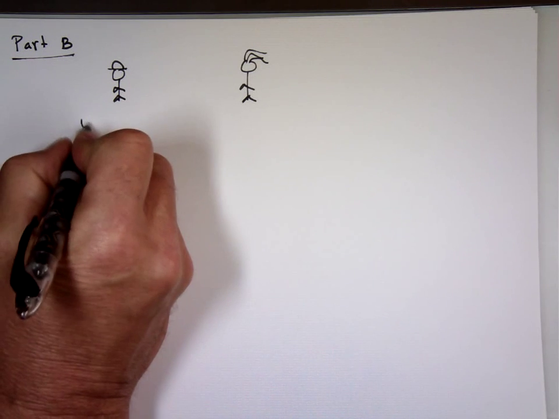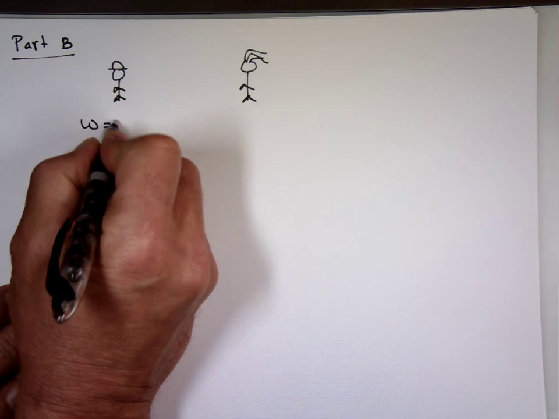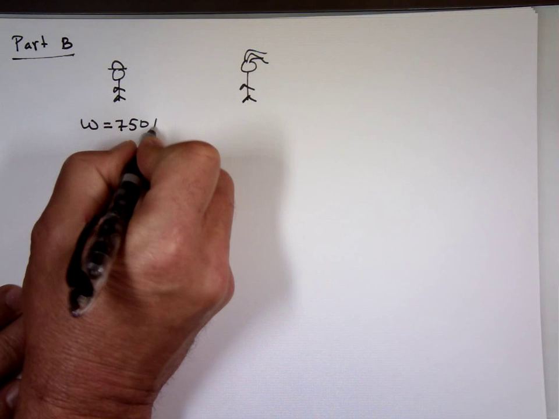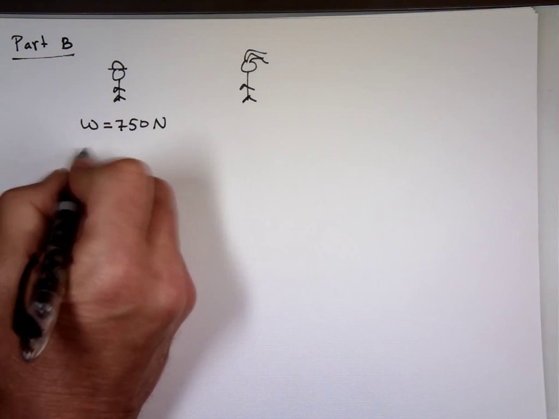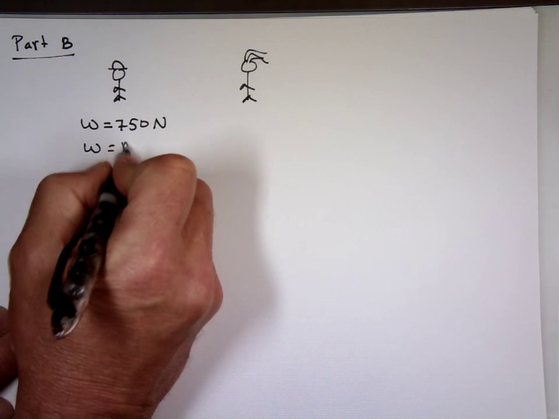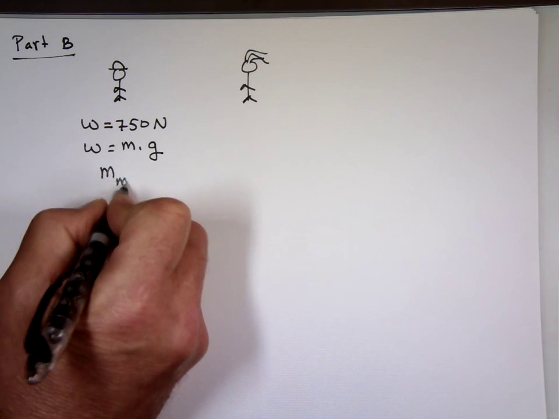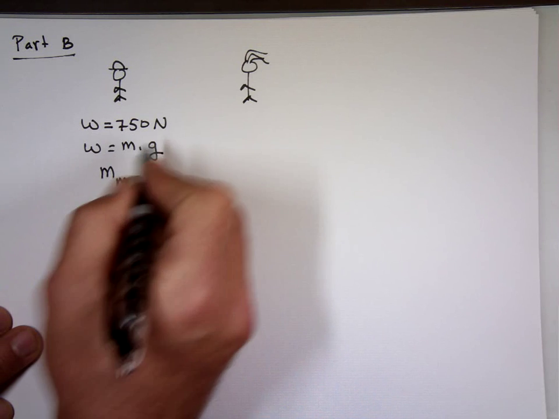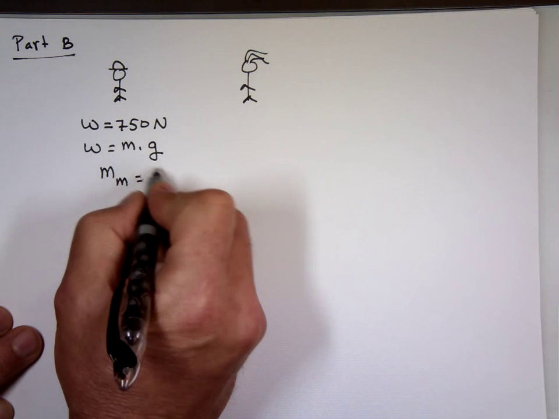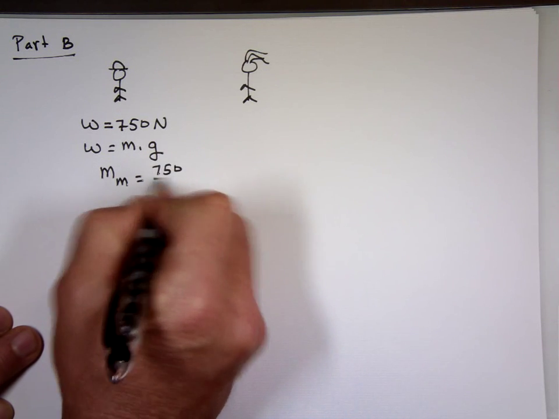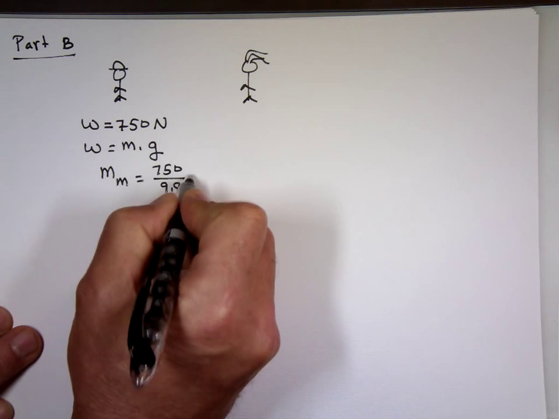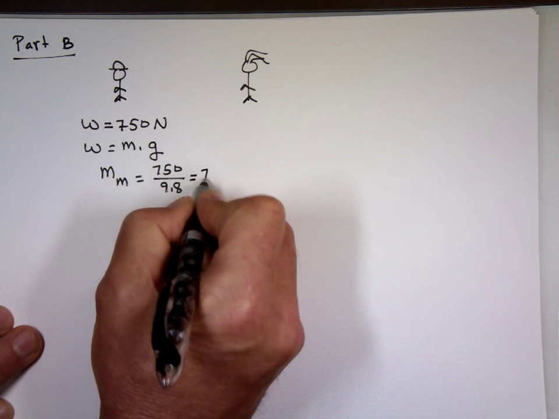The weight of the man is 750 Newton. They don't give us the mass. Well, we know weight equals mass times gravity, so we can get the mass of the man to be 750 divided by 9.8, which is 76.5.